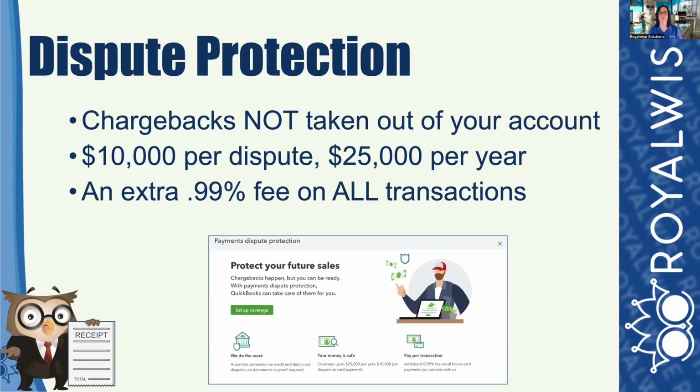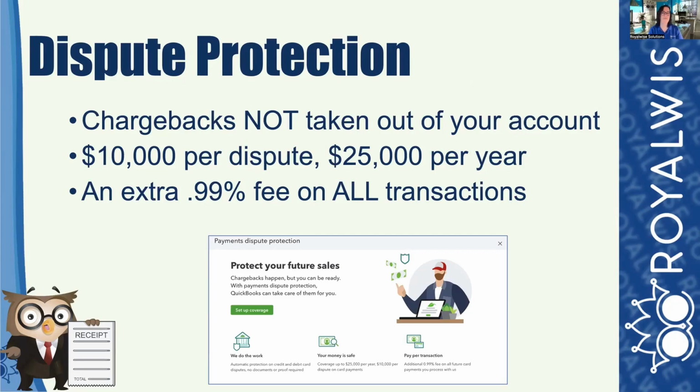And when you have dispute protection, if a customer initiates a chargeback, they will not take the money out of your checking account. They will process it separately and start a case, or maybe just give the client the money back. You can do it $10,000 per dispute.